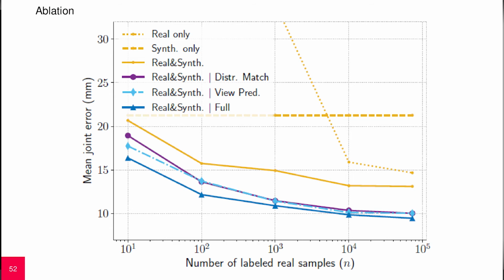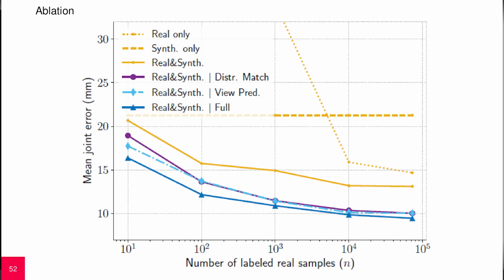If you combine real and synthetic samples straightforwardly, you're already improving on both of these. But we could show that if we add each of our heads or each of our losses, like the distribution matching or the view prediction loss, we can improve on that quite a bit. Each of them separately improves the results, and combining all together improves the numbers again a bit.